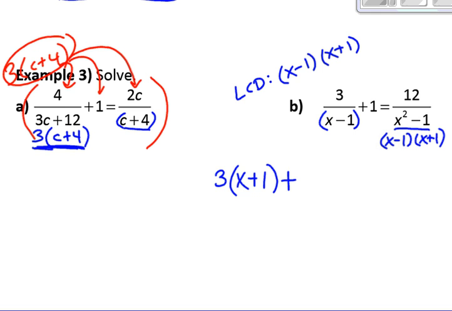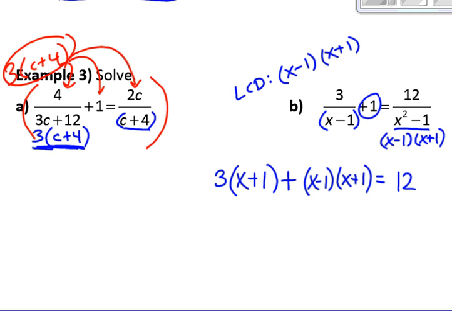Then the single 1 here does not have a denominator, so it's missing the entire LCD. So that's going to be multiplied by x minus 1 times x plus 1. And finally, the 12 has the entire LCD, so when you multiply through by that LCD, those completely cancel, leaving you just with 12. Now we've cleared the fractions.